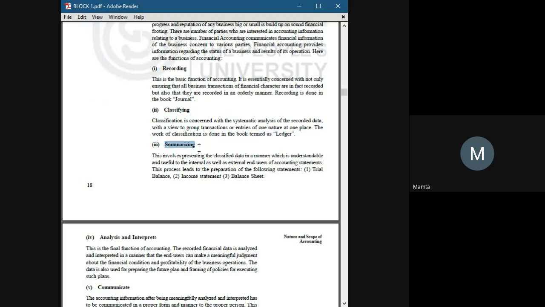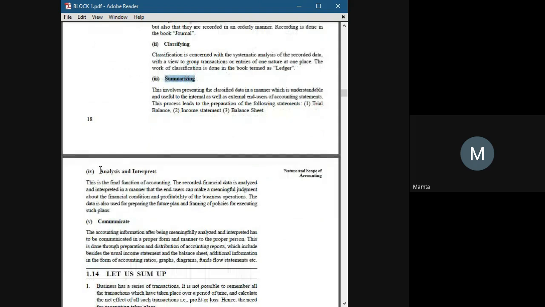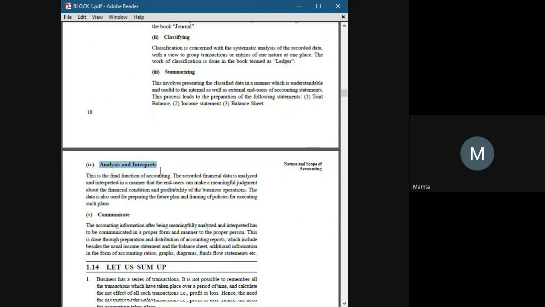Summarizing. Summarizing is, at the end of classifying, we prepare trial balance at the end of a financial year. We prepare trial balance, income statement, balance sheet to ascertain the profit and loss of the company. The last step is analyze and interpret.